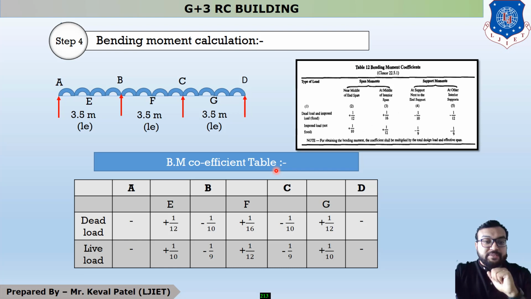Now you can see that your E coefficient is the same as G coefficient, your B coefficient is the same as C coefficient, and your F coefficient remains separate. It means if your coefficient is the same, then your bending moment is also the same.